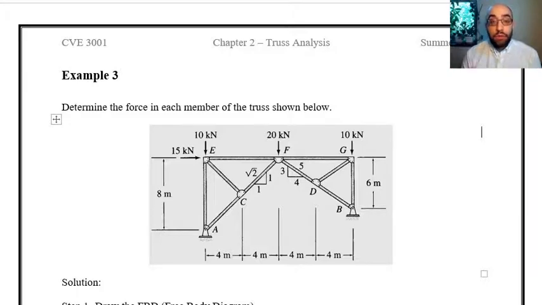The third step was to look at the configuration of the truss and see if there is any zero force member. And then the fourth step is to move joint by joint in the truss and write the two equations of equilibrium, summation of forces in the horizontal and vertical direction equal to 0. Through this approach, we can look at all the members in the truss and analyze the truss. This is the summary of the method of joints.